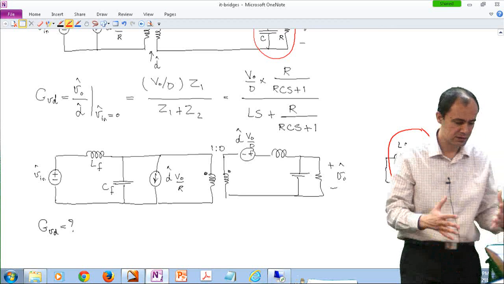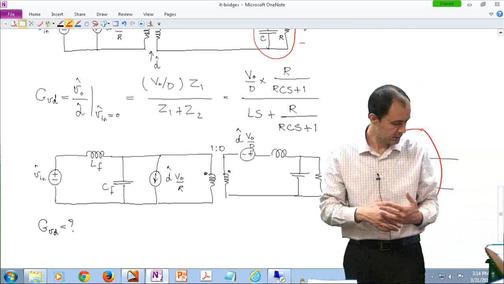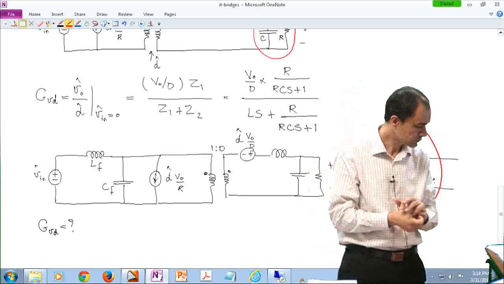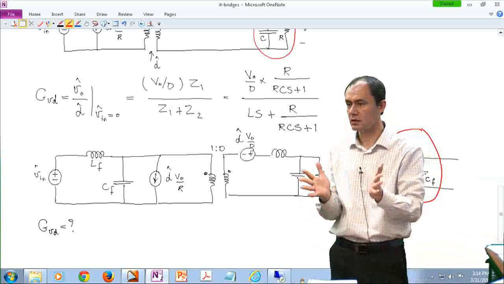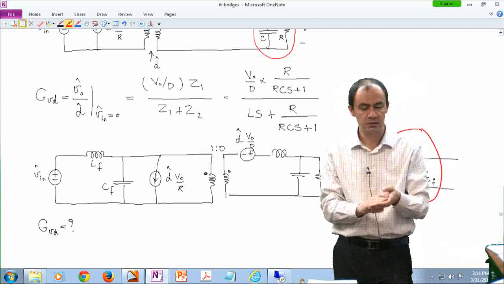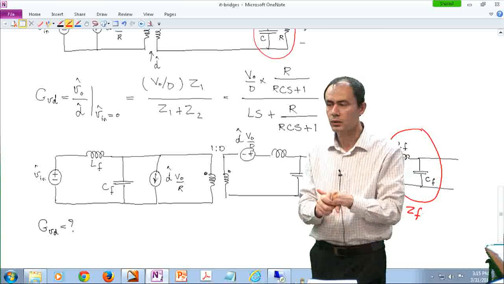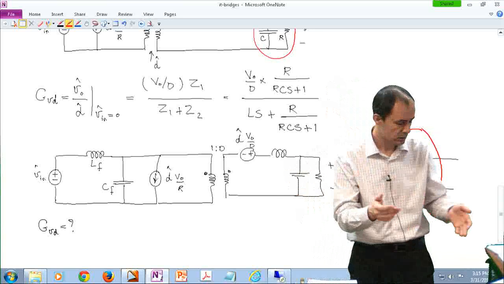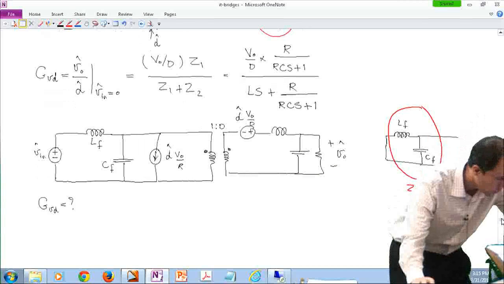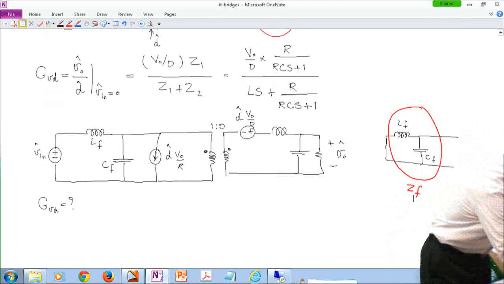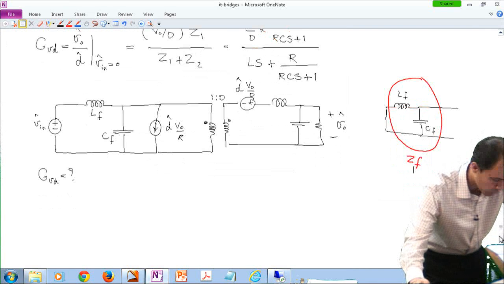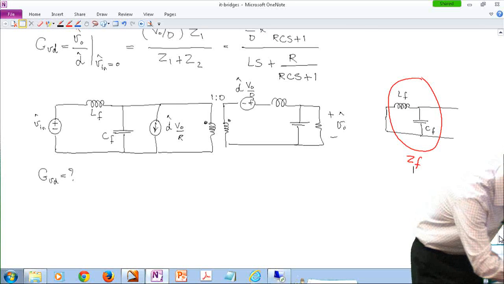So we have three impedances labeled: Z1, which is the impedance of the load resistance and the output capacitor in parallel; Z2, which was the impedance of the inductor; and then ZF, which is the impedance of the input filter, the input inductor placed in parallel with the input capacitor. All right. So now I'm going to draw the equivalent circuit model.